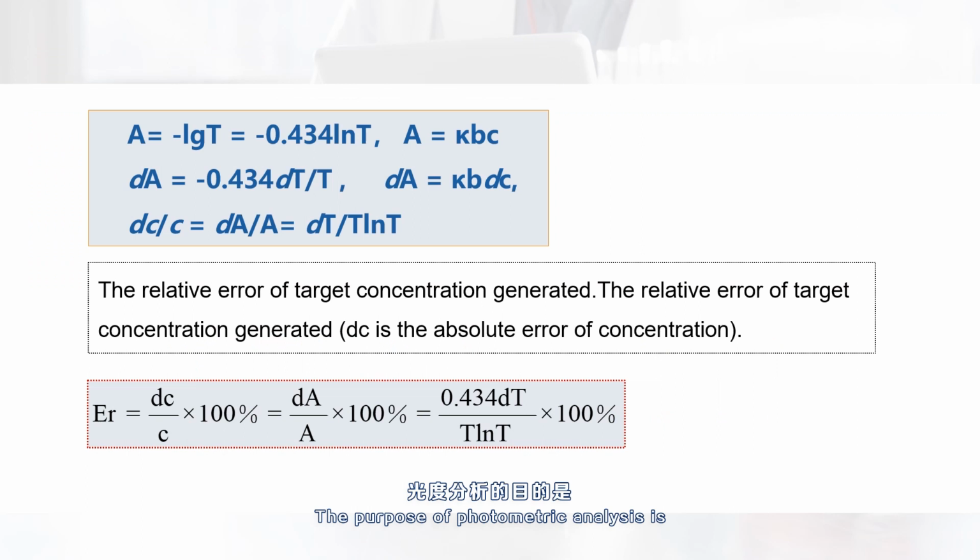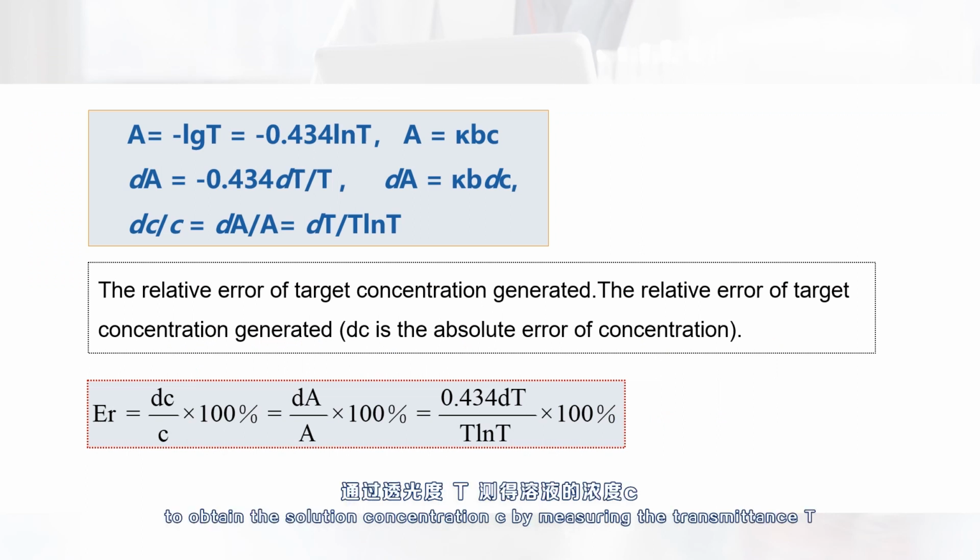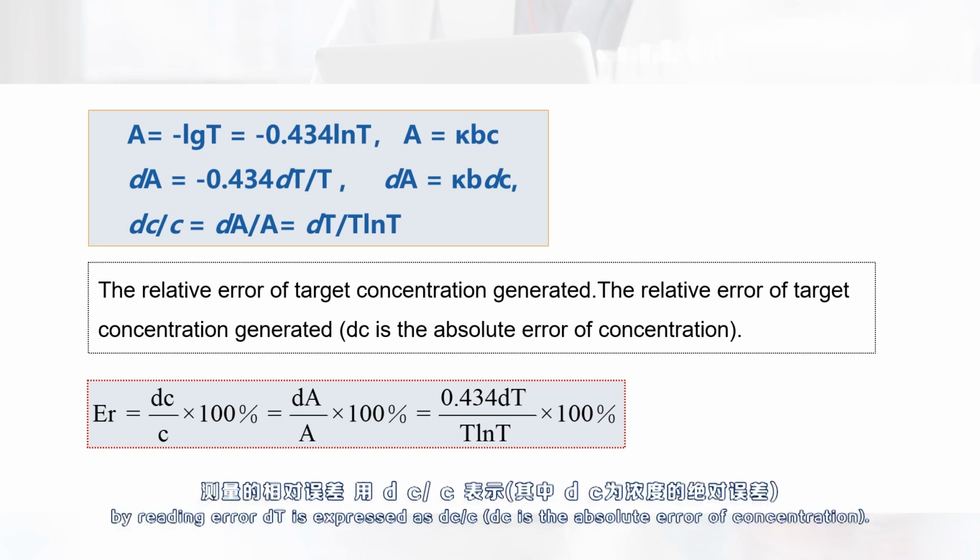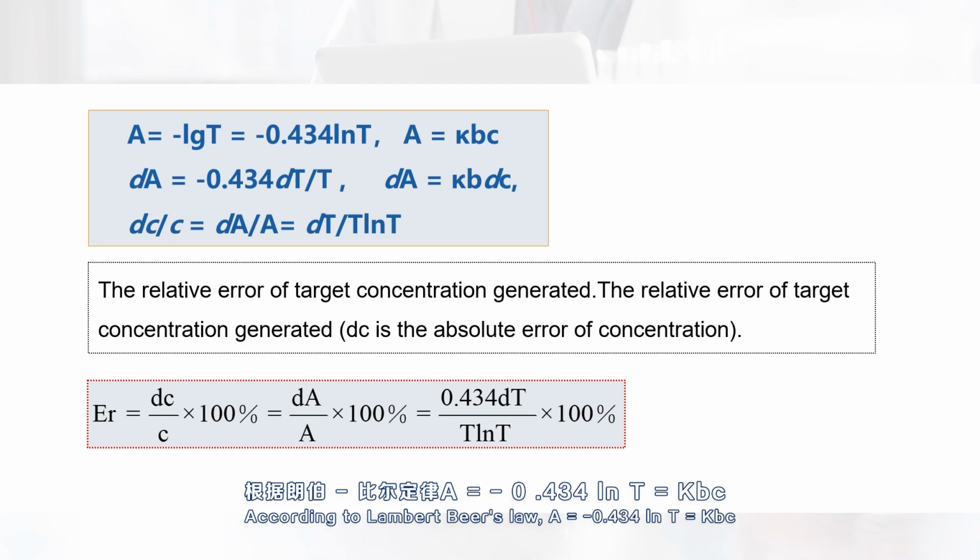The purpose of photometric analysis is to obtain the solution concentration C by measuring the transmittance T. The relative error of target concentration generated by reading error dT is expressed as dC divided by C. According to Lambert-Beer's law, A equals minus 0.434 ln T equals kbc.